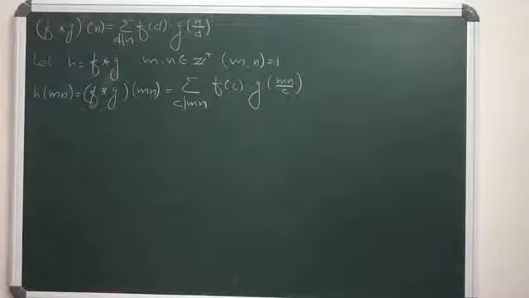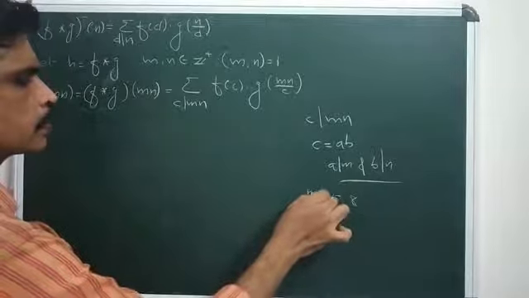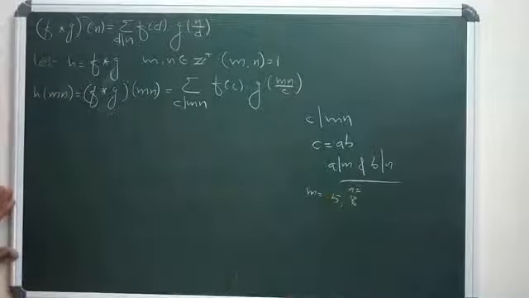Now, every divisor c of mn is of the form c equals ab, such that a divides m and b divides n, supposing m and n are relatively prime. We can choose m equals 5, n equals 8.